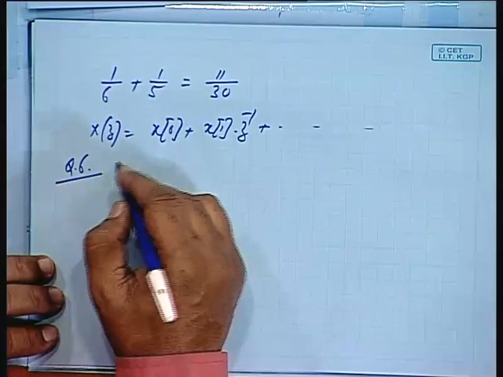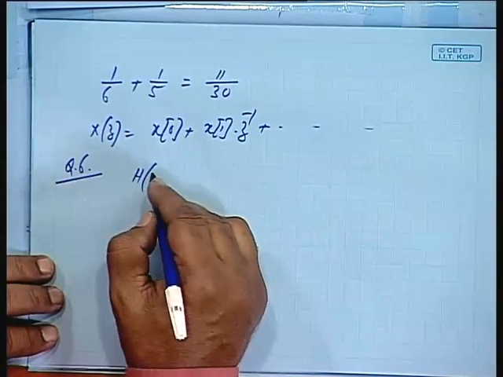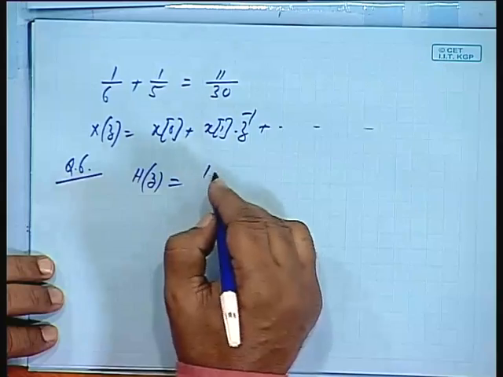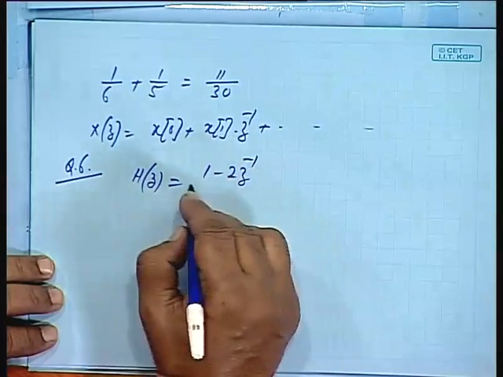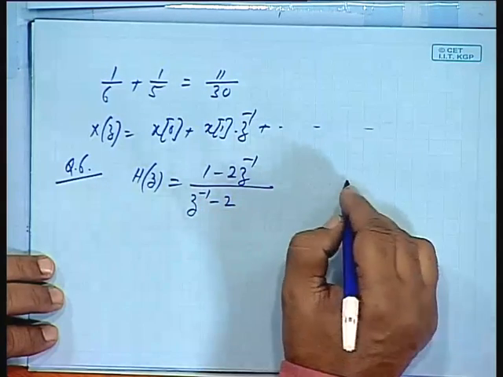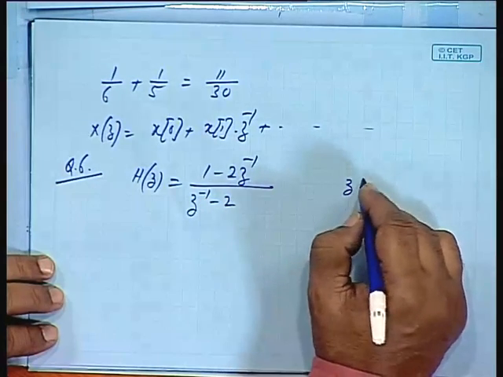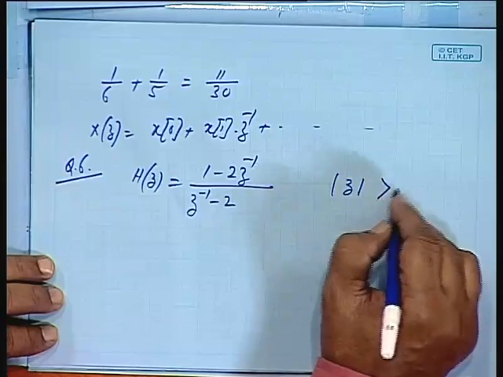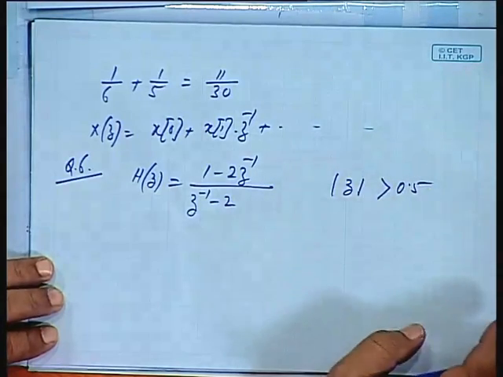Sketch the magnitude plot of H(z) equal to 1 minus 2 z inverse divided by z inverse minus 2, and magnitude of z is greater than 0.5.